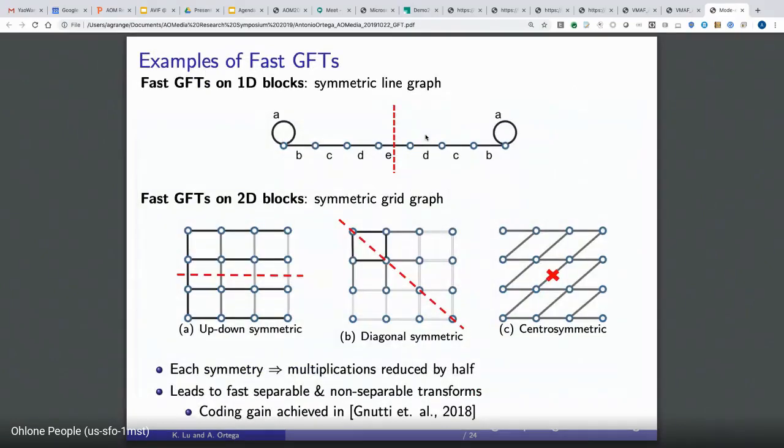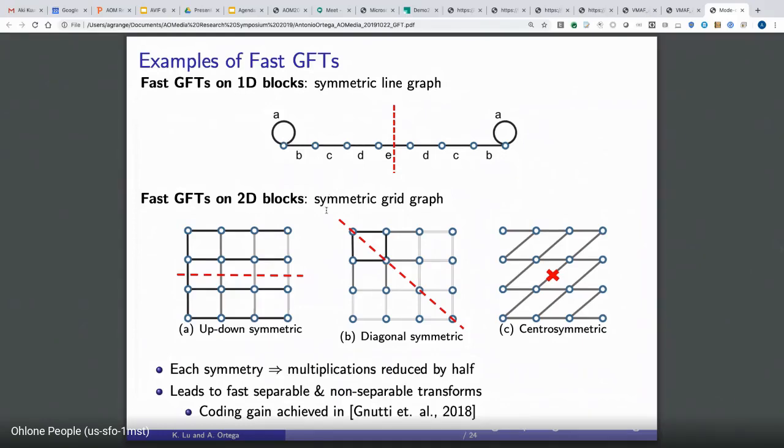And for example, this can be applied for graphs that are line graphs that have symmetry in the middle. So in that example, you can see the two weights to the right of the symmetry point are the same. So it's E and E, and then C and C, B and B, and so forth, right? But also it can be applied for 2D blocks.